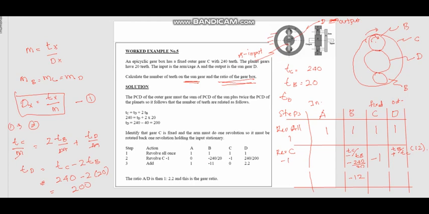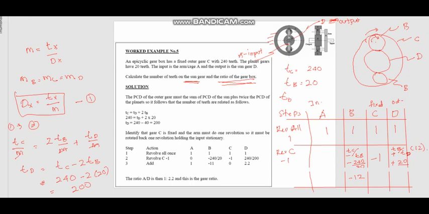Right? So this is equal to plus TB is equal to 20, TC is equal to 200, I'm sorry. So this is TB over TD, right?